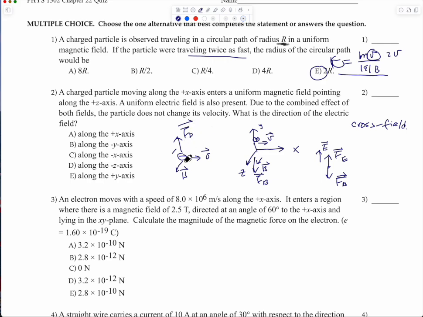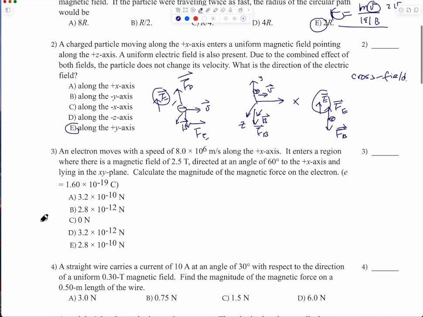So you need a downward electric force. Because this is a negative charge, the electric force is opposite the electric field, so this will be the electric field. Either for a positive or negative charge, the electric field direction will be the positive y direction.